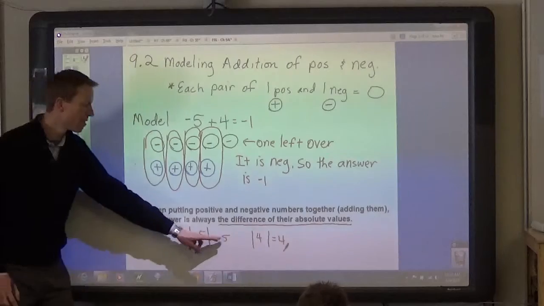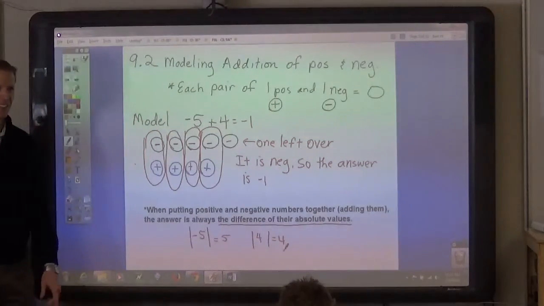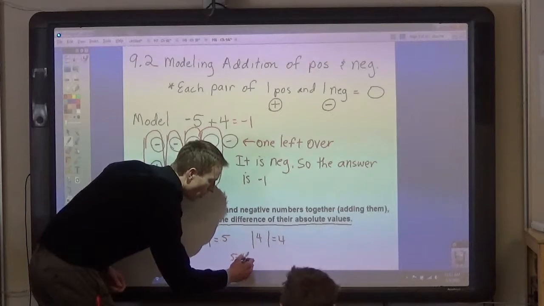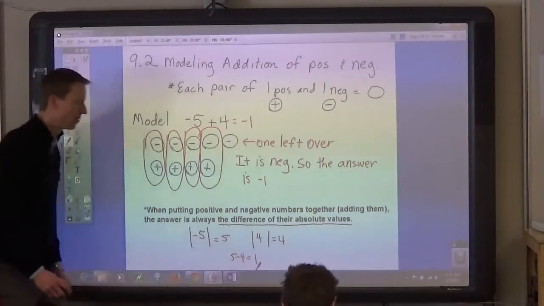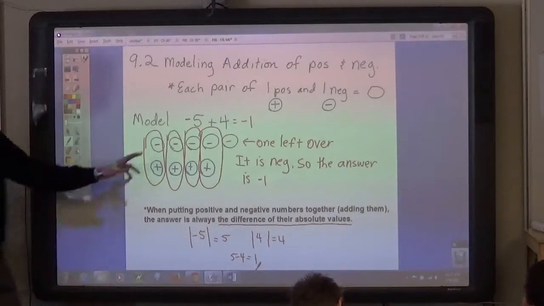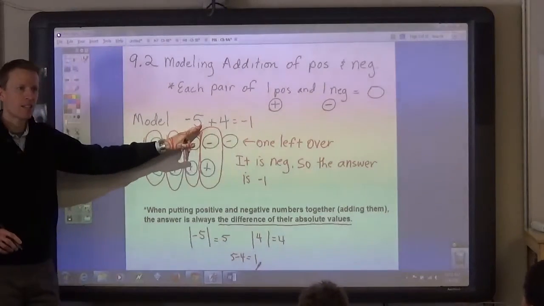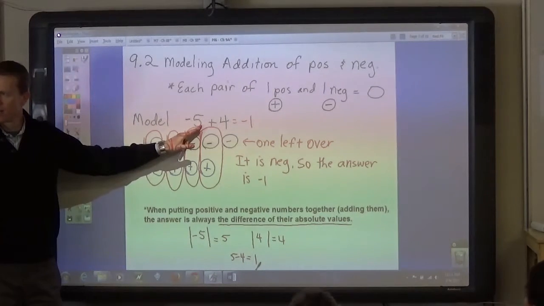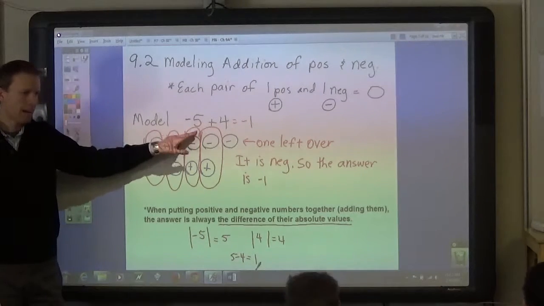Now, find the difference of 5 and 4. 5 minus 4 is 1. Now, to answer this, we have to use the sign of the bigger absolute value.